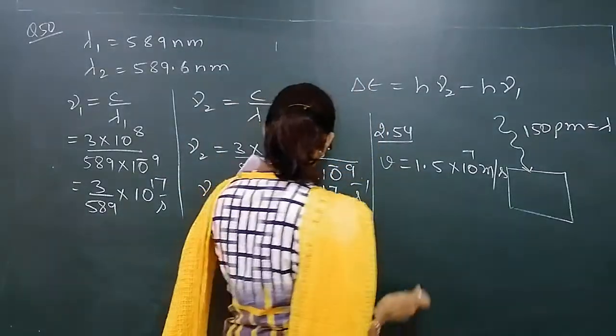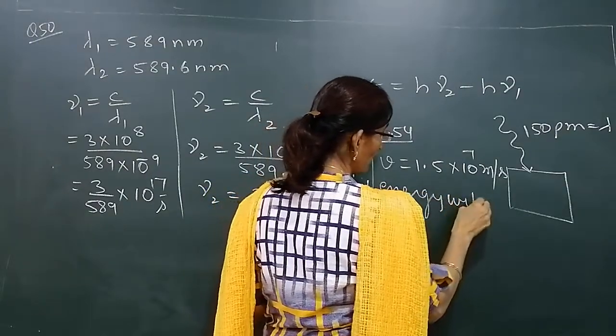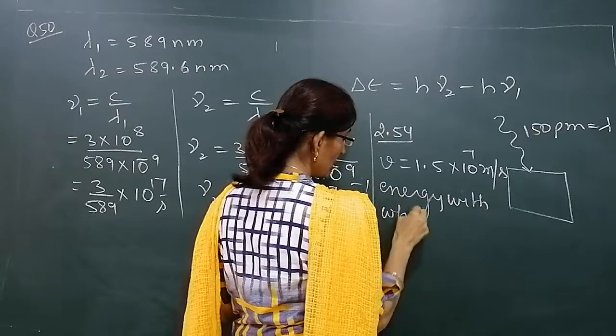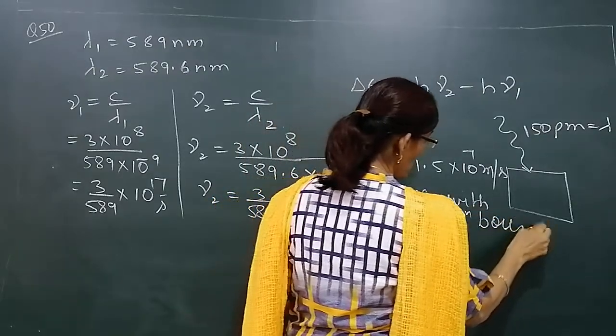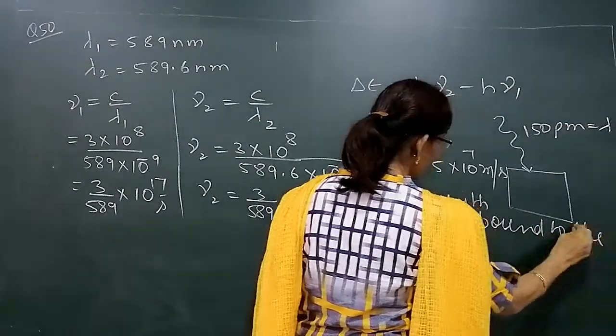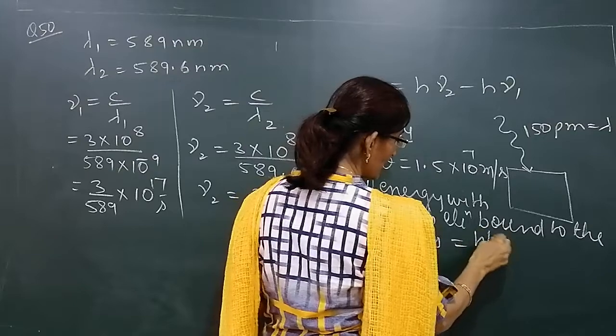That energy is called work function. The energy with which the electron is bound to the nucleus is equal to the work function, that is W naught.